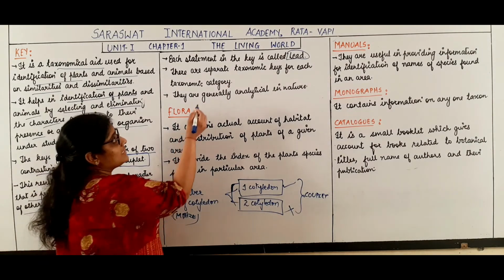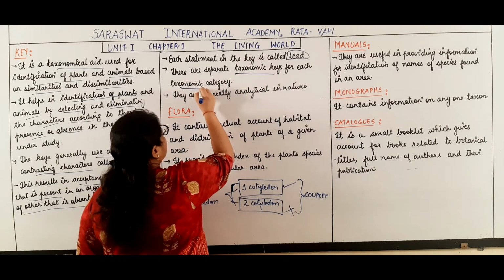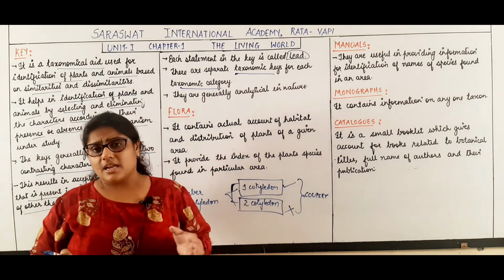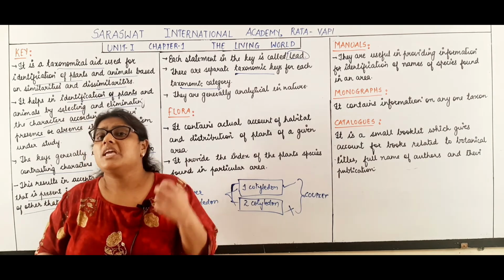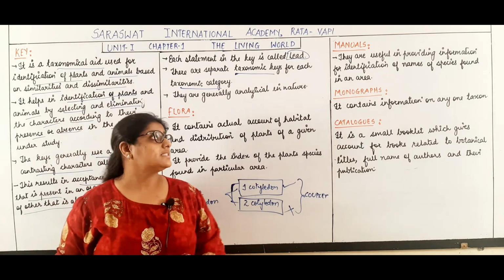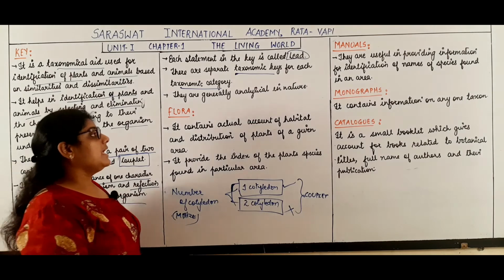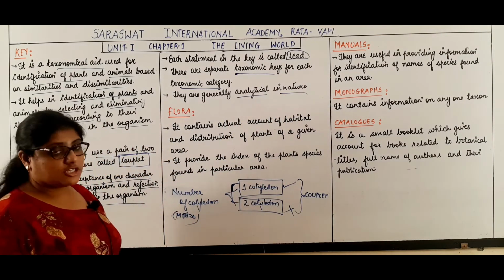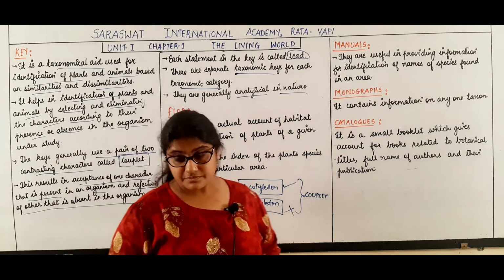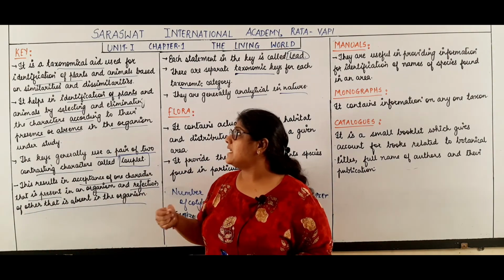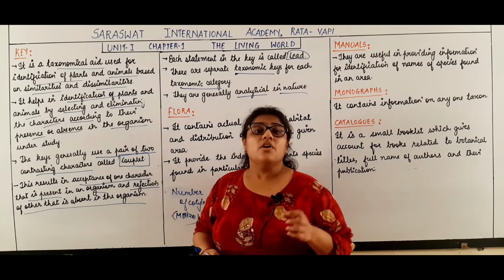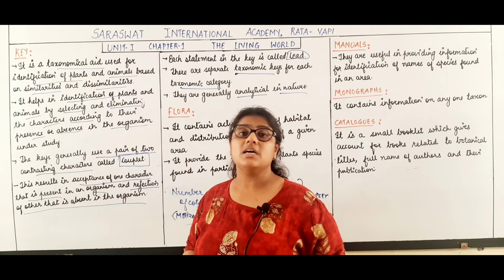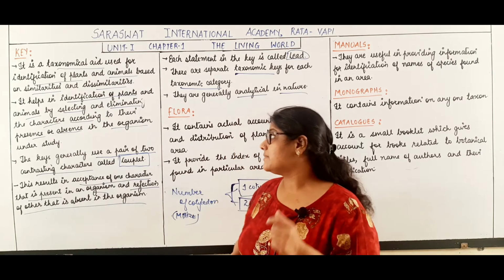Now students, there are separate taxonomic keys for each taxonomic category. There are many taxonomic categories, and for each there is a separate key, and they are analytical, or you can say logical, in nature. So that is regarding the keys. Basically keys are used for the identification of plants and animals based on similarities and dissimilarities.